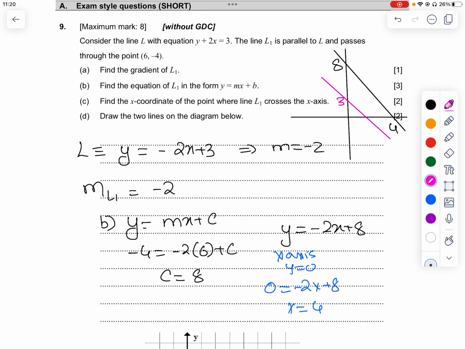This is going to be the line. So let me draw a parallel line. For the first line, the y-intercept is 3 and the gradient is negative 2. It is coming downwards. This should be the way it should be done. X-intercept is 4 and y-intercept is 8. So I have drawn both of those. And for the previous equation, the y-intercept is 3. I have drawn it over there.